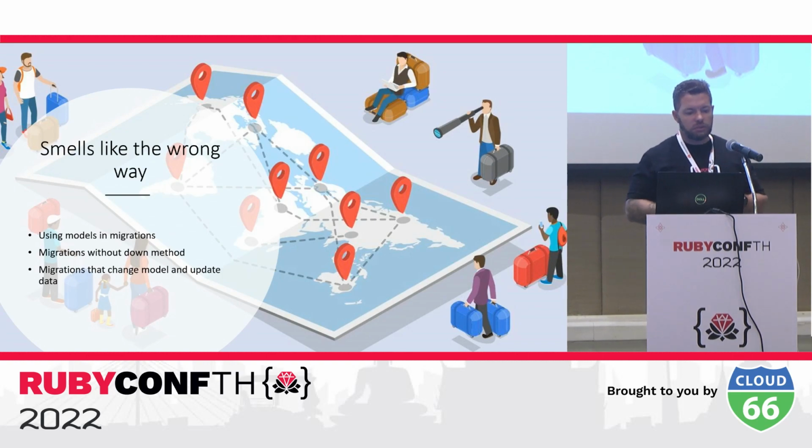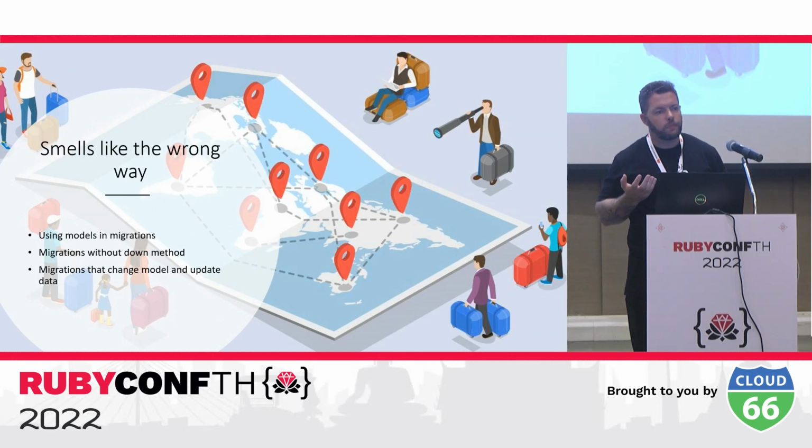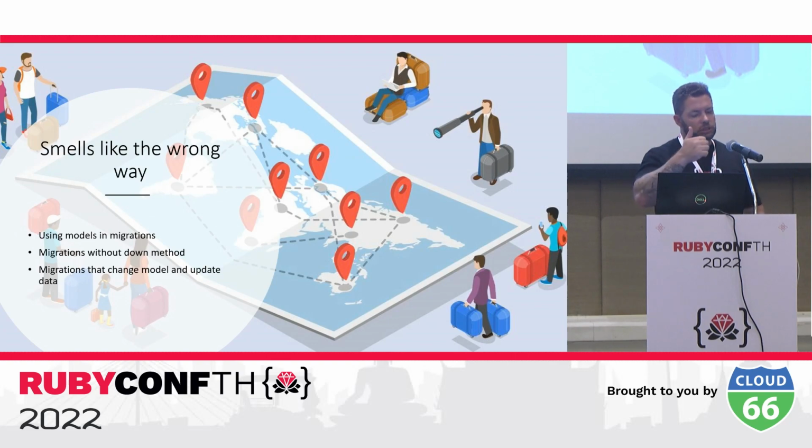And there are some things that simply smell like they are wrong. If you are using models in your Rails migrations, in your probably near future, when you change that model, if you need to reapply the migrations in a different database, everything will break.